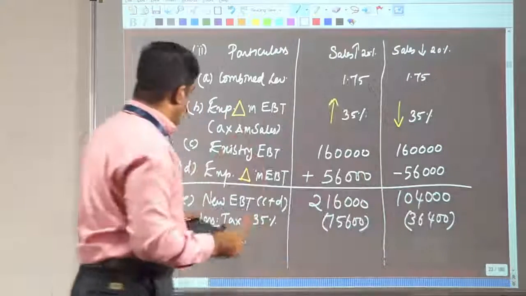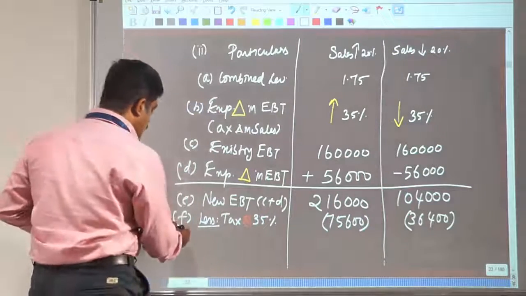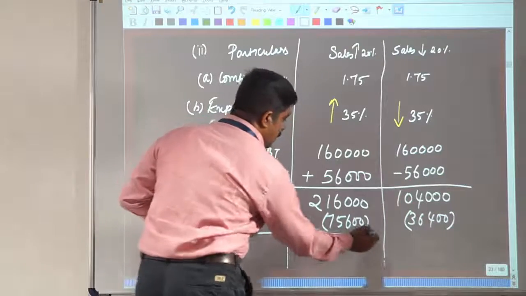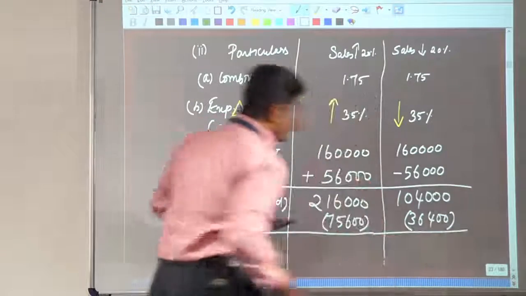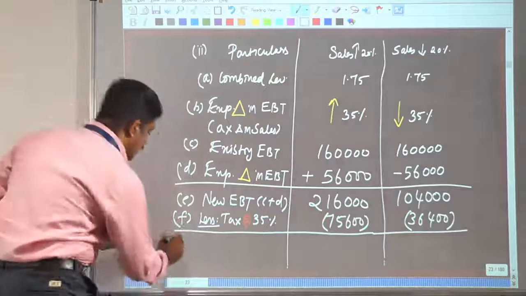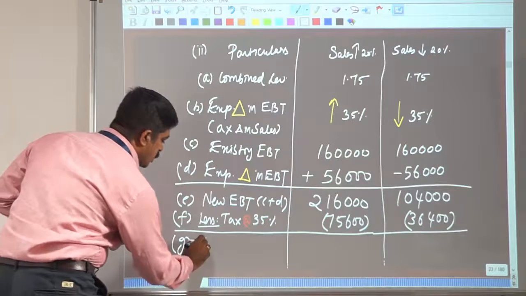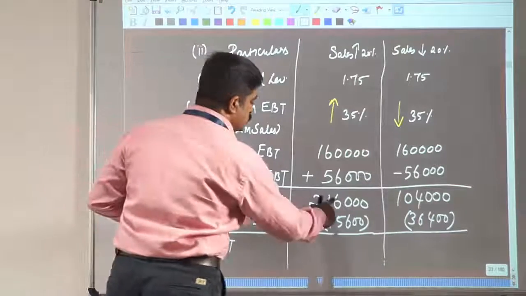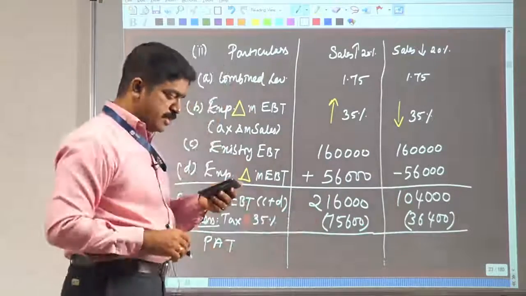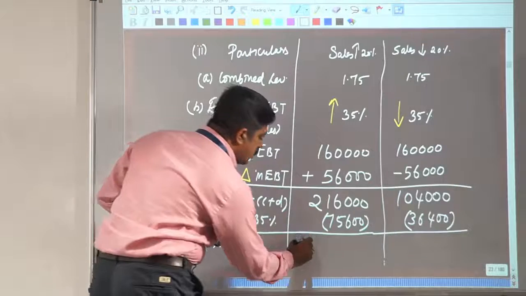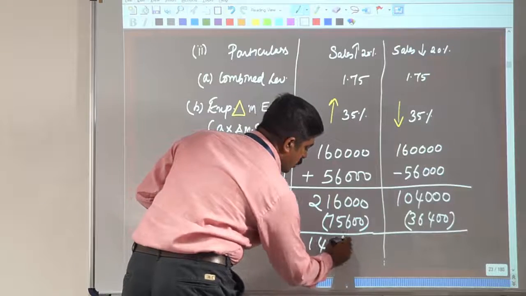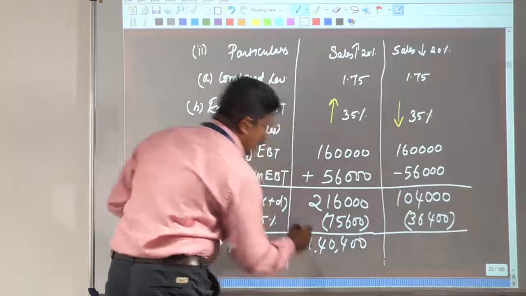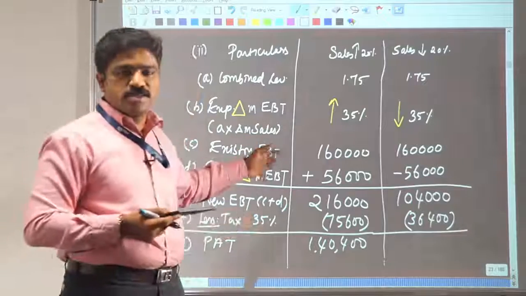So now we can find out the earnings available for equity shareholders, assuming that there is no preference share capital. Okay, so item G, your profit after tax, 2,16,000 minus 75,600 is going to give me 1,40,400.